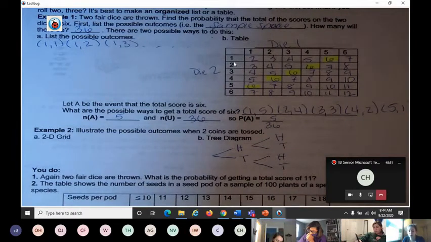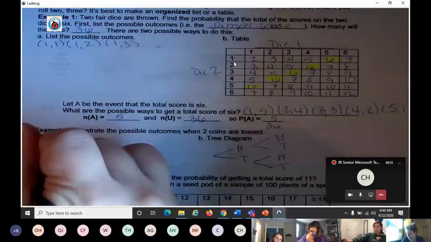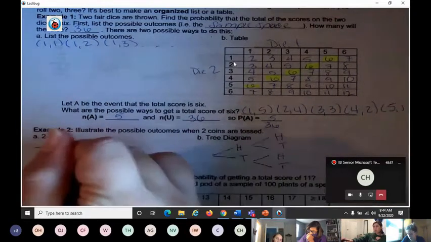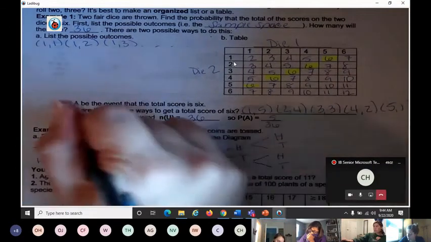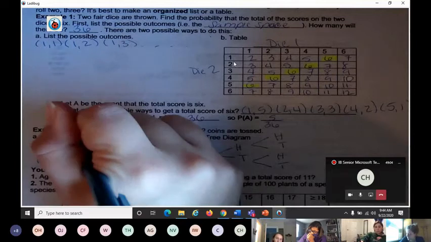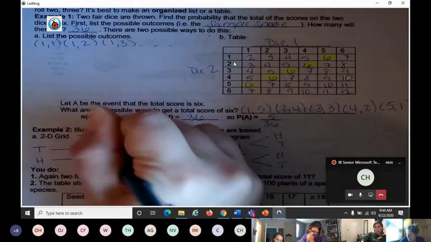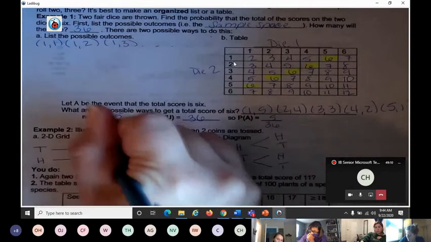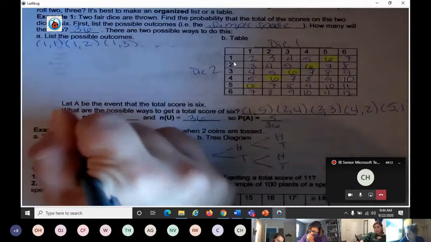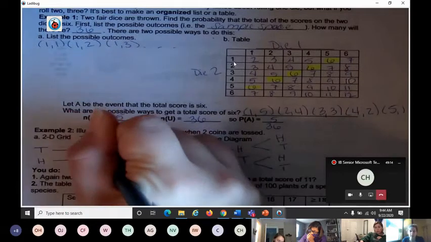We could also do this with a 2D grid. It's pretty similar. So we could have tails or heads. Okay. And then here we could have gotten tails or heads. And these intersections in the grid represent each of the ways that we could get.